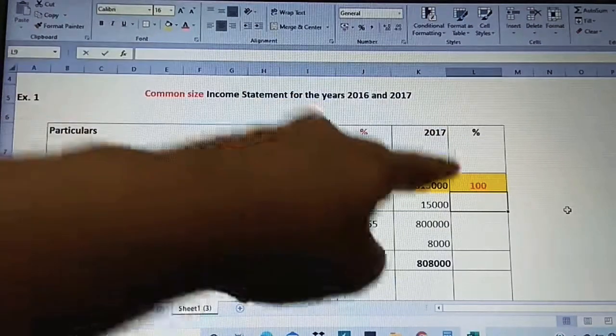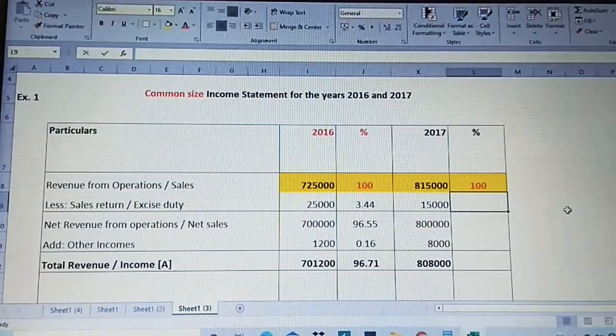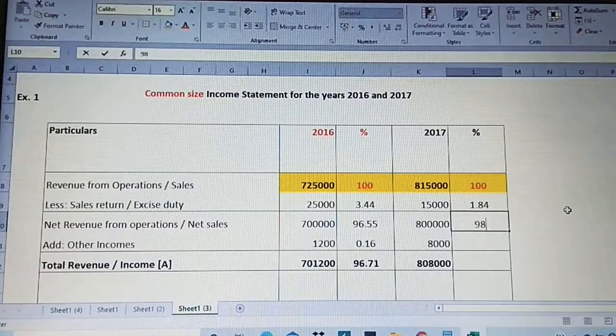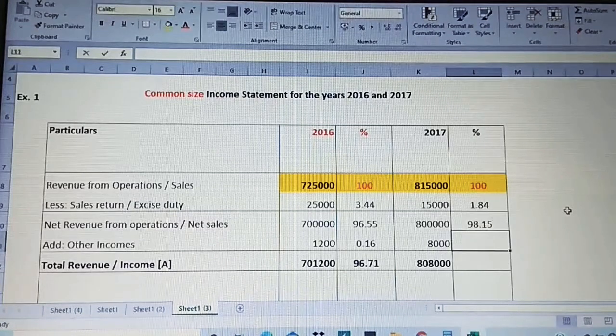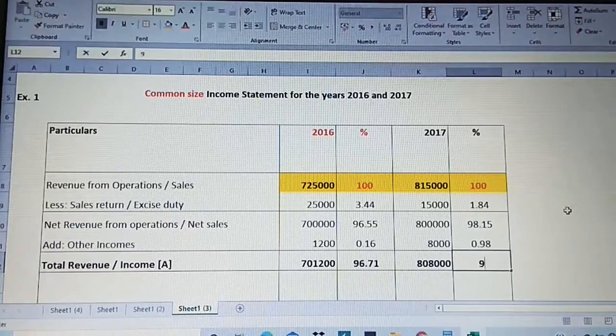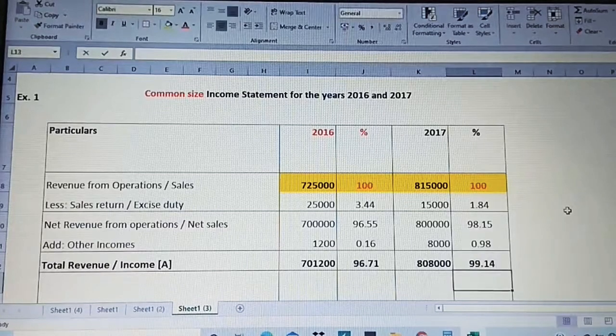15,000 divided by, what is the value here? 8,15,000 percentage, 1.84. 8 lakh divided by 8,15,000 percentage, 98.15. 8,000 divided by 8,15,000, 0.98. 8,08,000 divided by 8,15,000 percentage, 99.14.